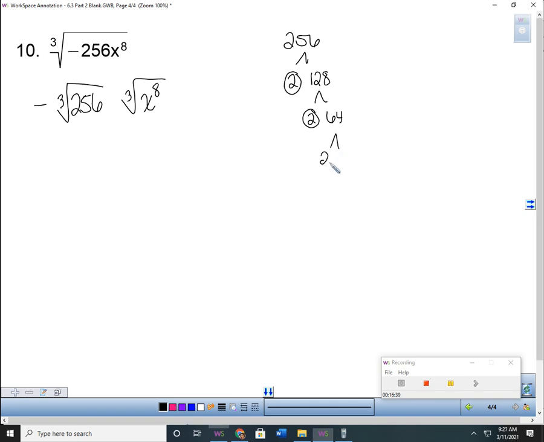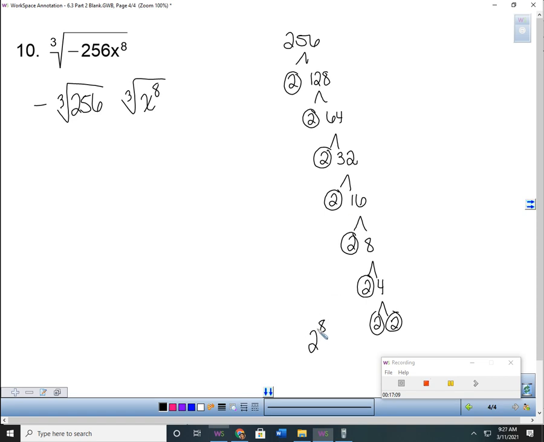That's 2 and 32. 2 is prime. 32 is 2 times 16. 2 is prime. 16 is 2 times 8. 2 is prime. 8 is 2 times 4. 2 is prime. And 4 is 2 times 2. So we have all these 2's. 1, 2, 3, 4, 5, 6, 7, 8 2's.